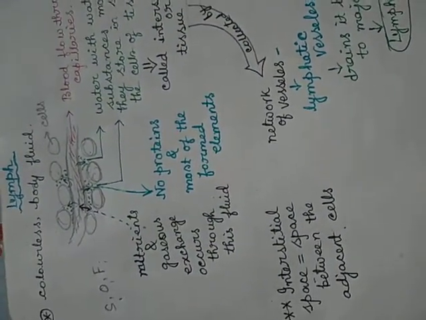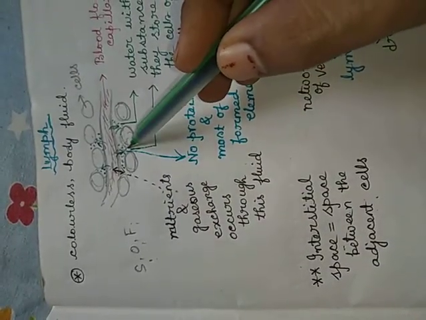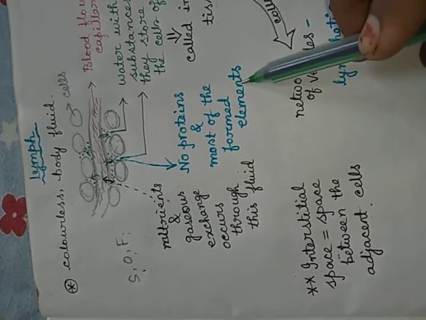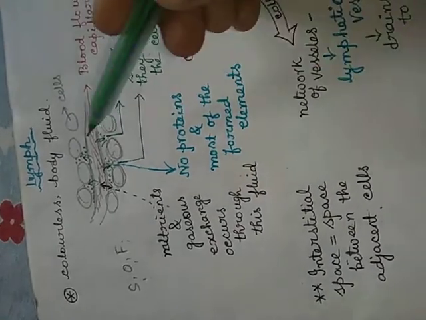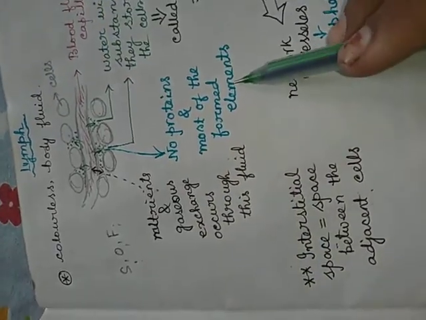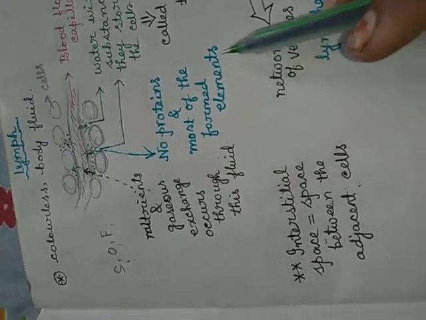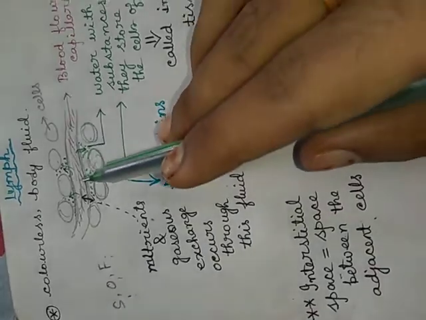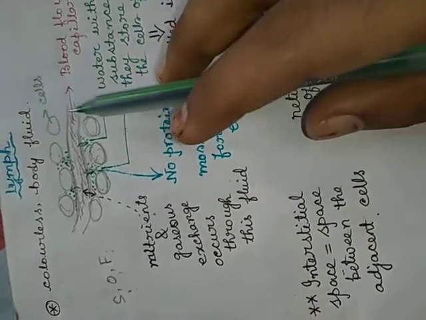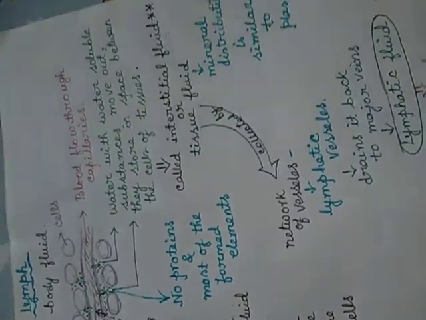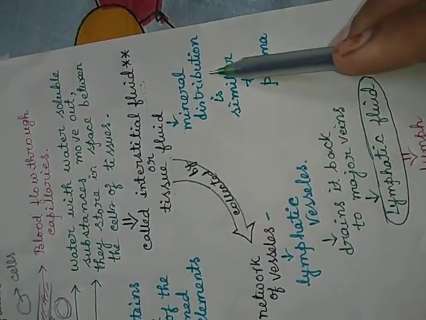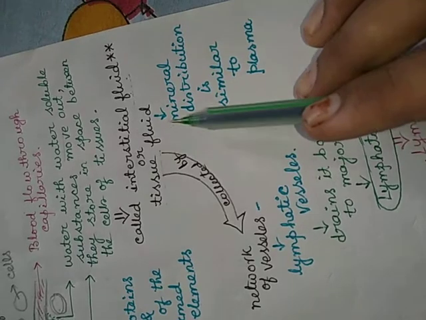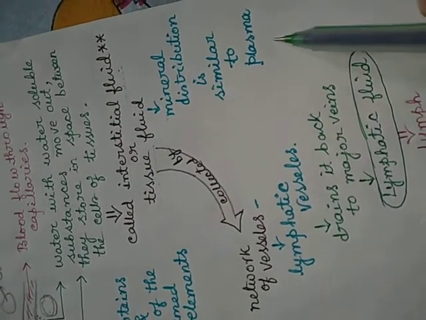But in this tissue fluid no proteins are present, and most of the formed elements are also absent. In the blood there are so many formed elements present, but here there are no large proteins or formed elements, only water soluble substances move out. The mineral distribution of the tissue fluid, meaning the minerals present, is the same as plasma.